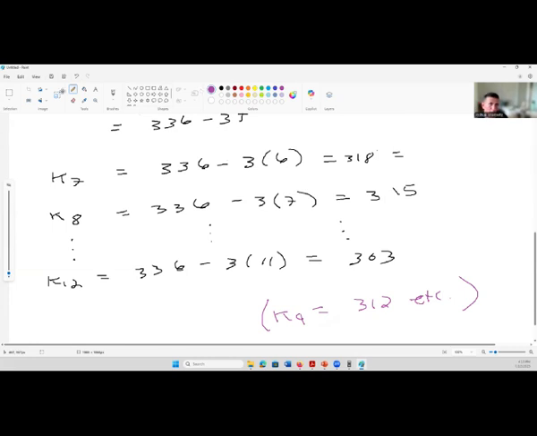So we're decreasing by 3. So all I'm going to do is write this as something minus 3. Well, that's obviously got to be 321 minus 3. So that I can write this as 321 minus 2 times 3.